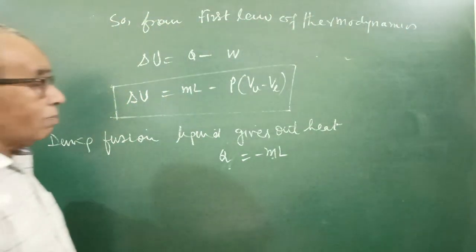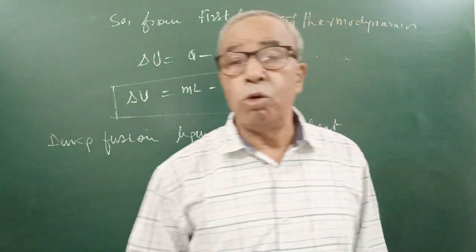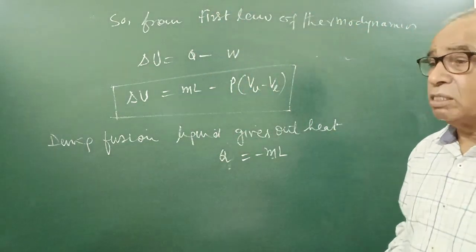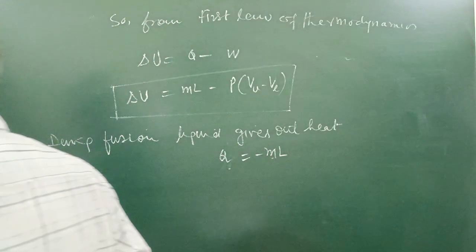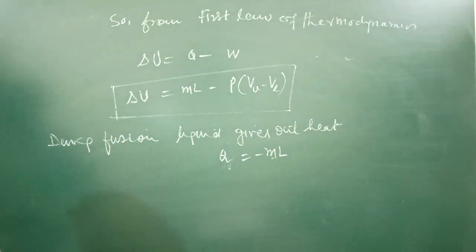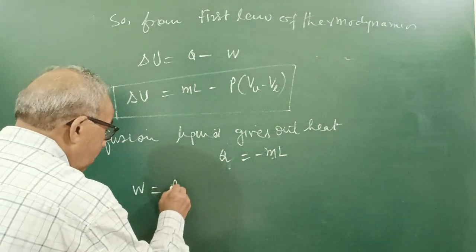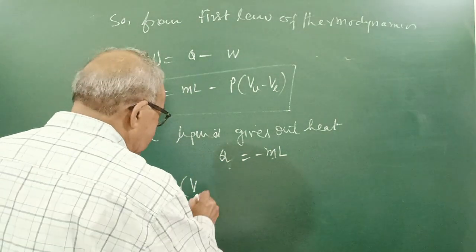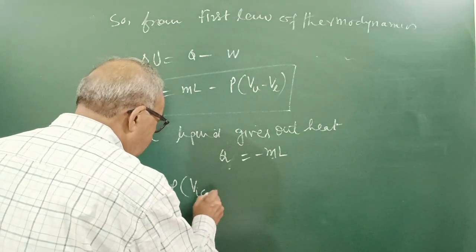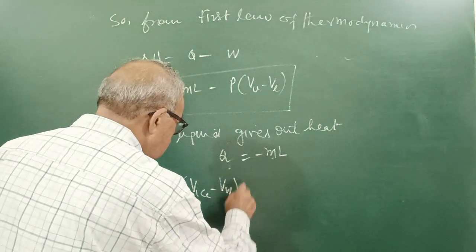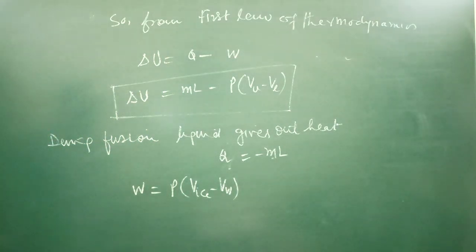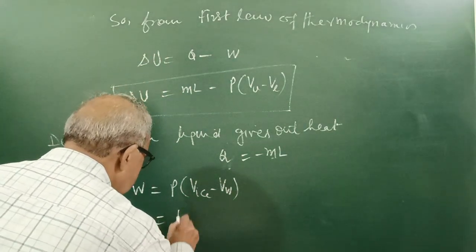If we take a liquid as water, during fusion volume of water increases. When it turns into ice, the volume of ice is more than the volume of liquid for a given mass. So work done is P into (V ice minus V water), that is P delta V.